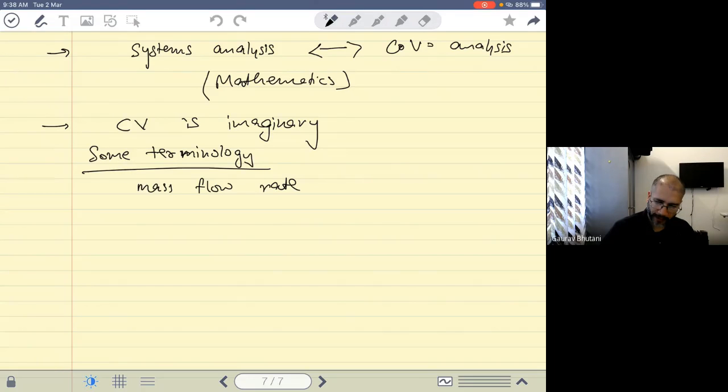Now, if you have, let's say, a surface, and the surface has an area A, and the velocity of the fluid through the surface, so there's some fluid flowing out of the surface, and the velocity of that fluid is given as v.